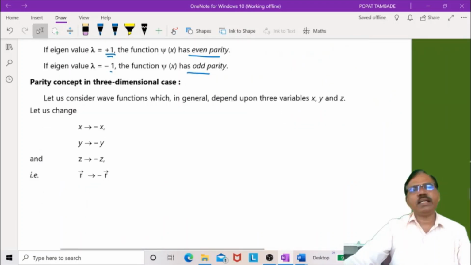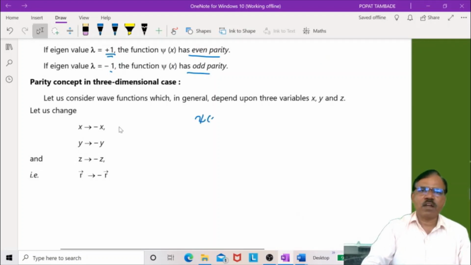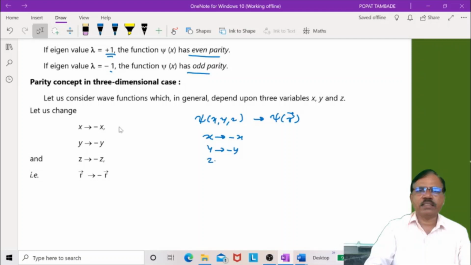Now parity concepts in 3 dimensions. Suppose we have wave function psi of x, y, z. We can call this psi of r. So if we change x to minus x, y to minus y, and z to minus z, means position vector r changes to minus r.